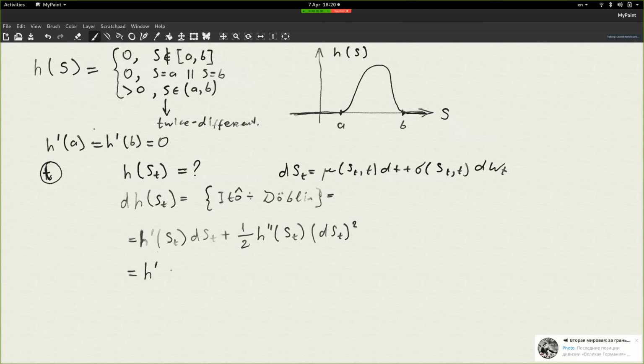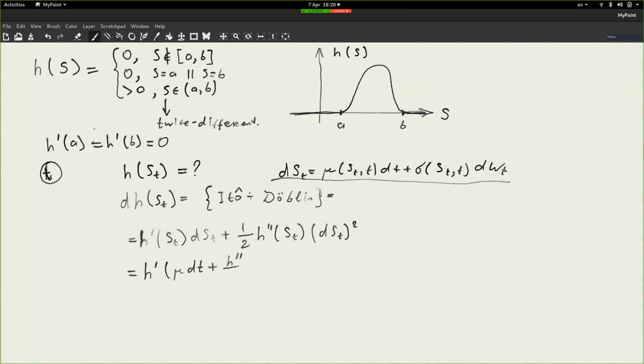And what is dST? dST is given by our stochastic differential equation. Therefore, dST is mu times dt, where again you understand that mu is not a constant, it's a function of ST and t, plus sigma dWt.